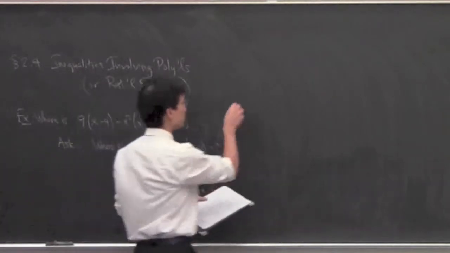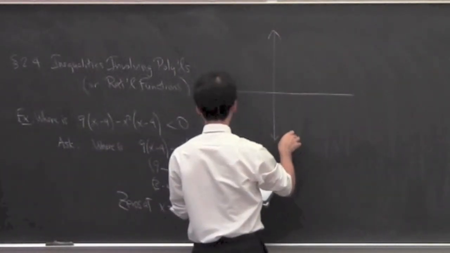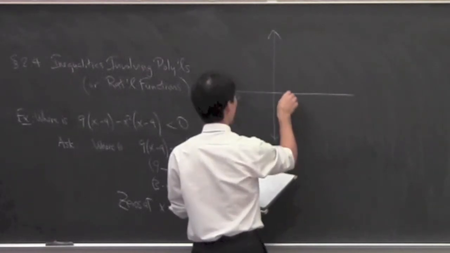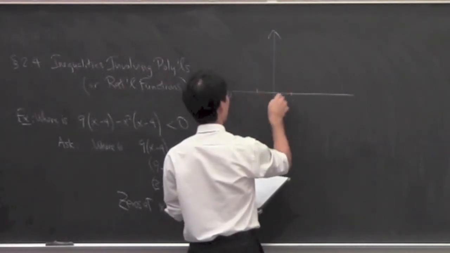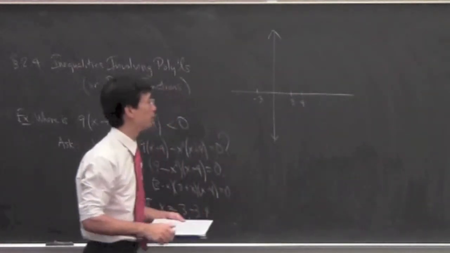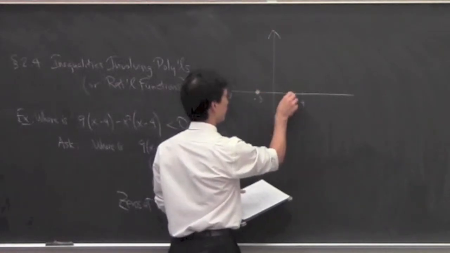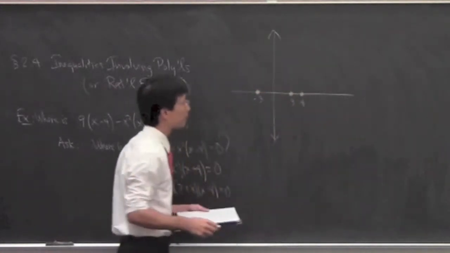Okay, so the first thing you ask is, where are the zeros? So here we're looking at the graph of this thing. We know that at negative 3, 3, and 4, the function crosses the x-axis.